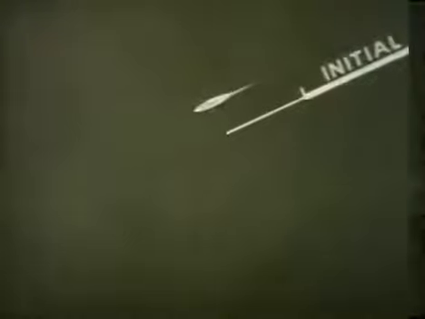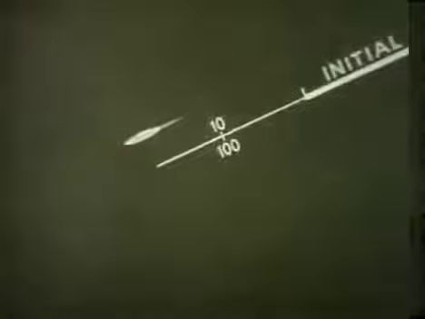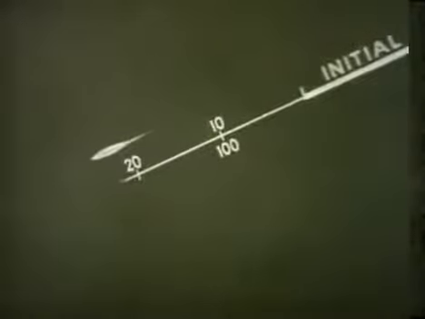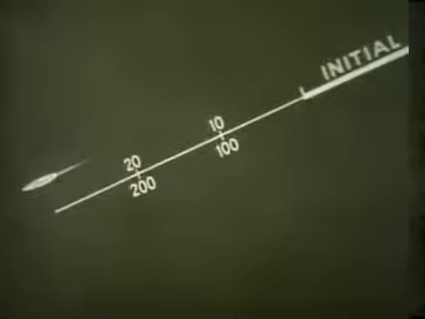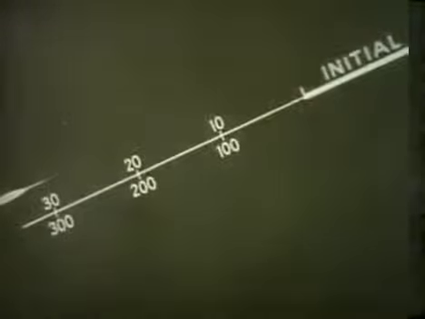Starting again at the initial position and with range changing at a constant rate, say 10 yards a second, it's easy to see that after 10 seconds, range change is 100 yards. After 20 seconds, 200. After 30, 300, and so on.